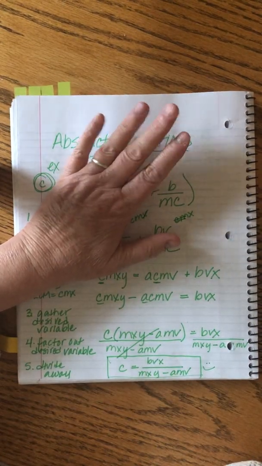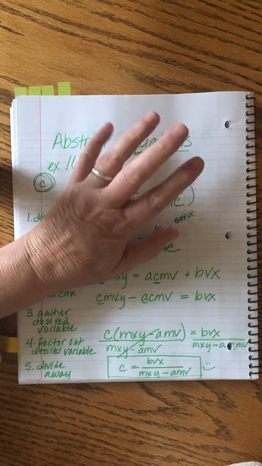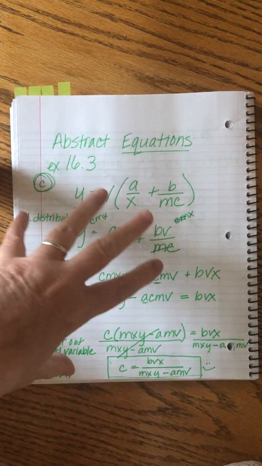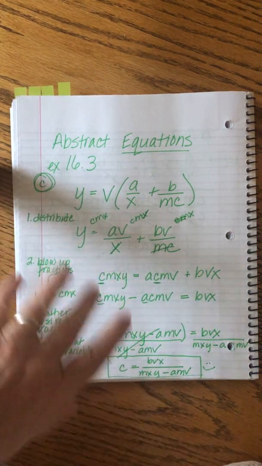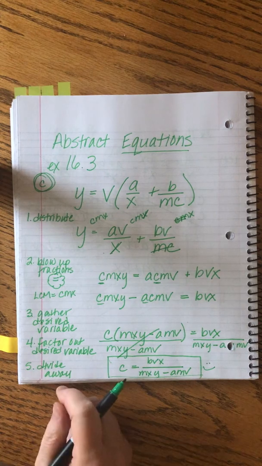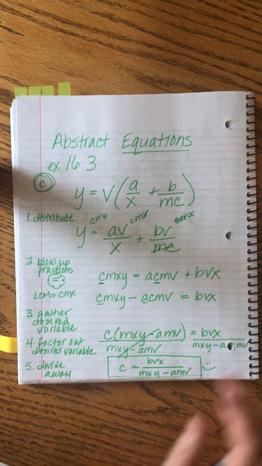Complex fractions and abstract equations, most students kind of like, because once you get the hang of them, they're not so bad. And you notice because it's all letters, we're not doing any calculations. We're just shuffling letters all over the place, which most students find to be kind of a pleasant relief. Okay, last step.